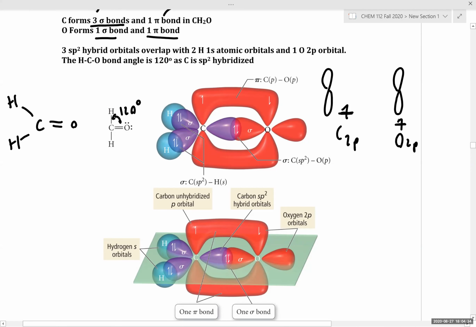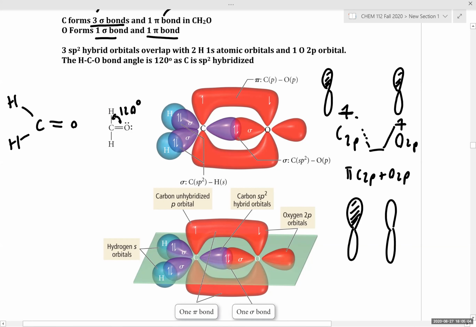Now, as these 2p orbitals are perpendicular to the bond axis, we can engage in 2 different bonding patterns. We can engage in constructive overlap, in which case we form a pi bond between our carbon 2p and oxygen 2p orbital. To show everyone what that looks like, we take our 2p orbitals, and if they're the same phase, they can overlap constructively to form a pi bond.